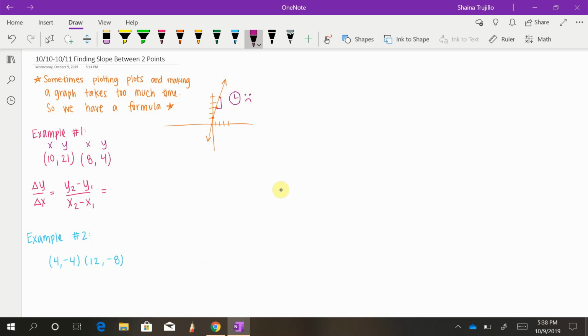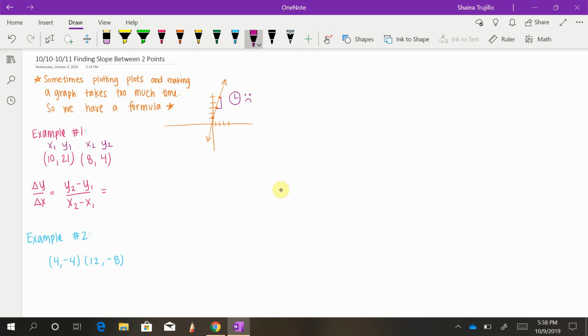I always take this first coordinate pair and I put a little 1 by the x and the y. This just lets me know that this is my first coordinate pair. Then under my second coordinate pair, I just put a little 2 to let me know that this is my second coordinate pair.